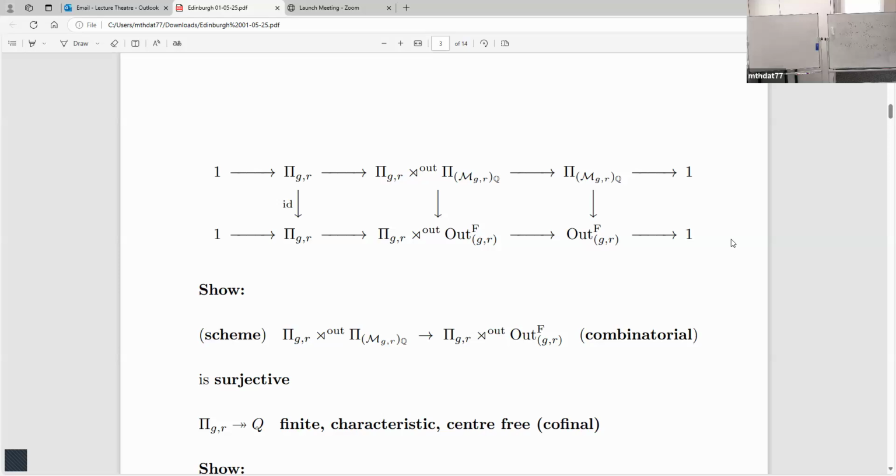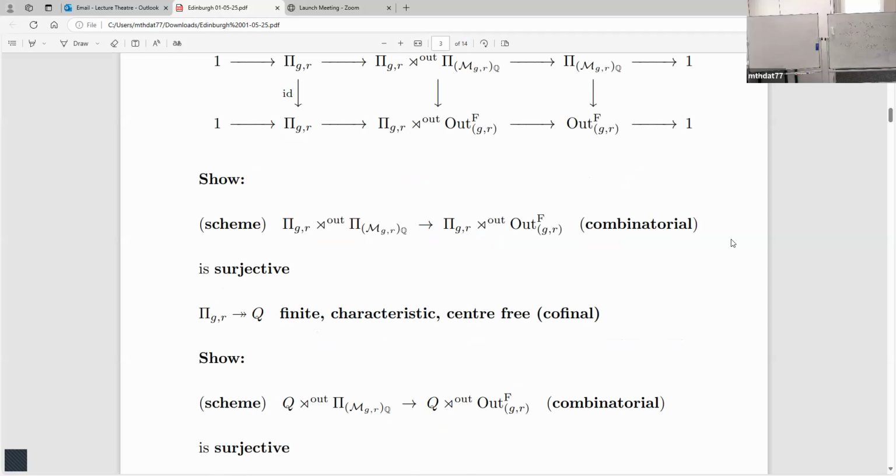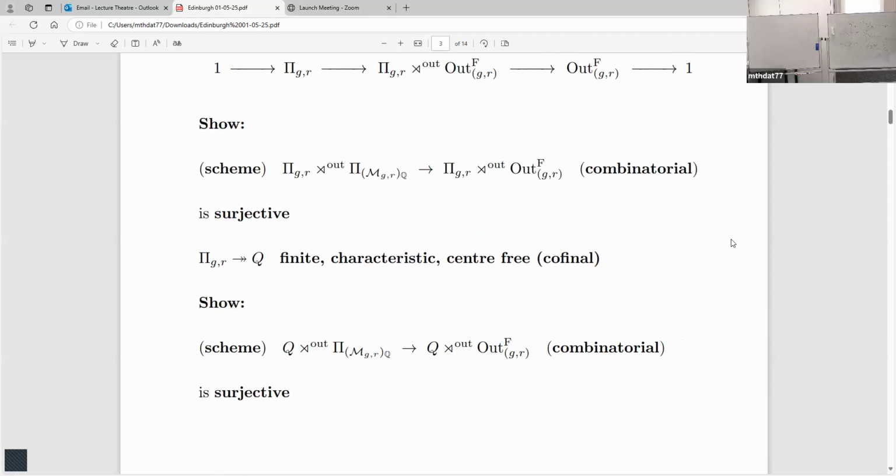So to be more precise also, what one aims to prove is the following. Given any finite characteristic center-free quotient of the surface group Pi GR. By the way, as was mentioned in the talk by Mochizuki, these kinds of quotients are cofinal.